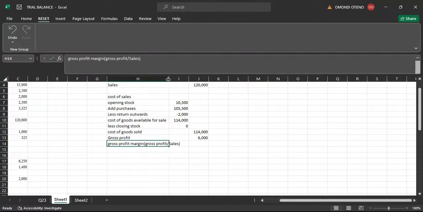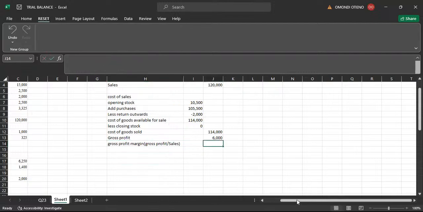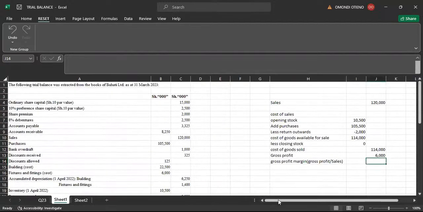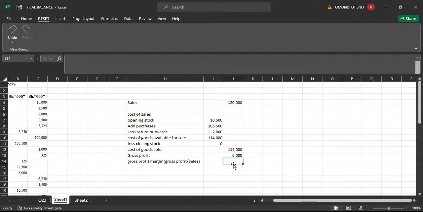What are they telling us here? Gross profit margin is equivalent to 20%.